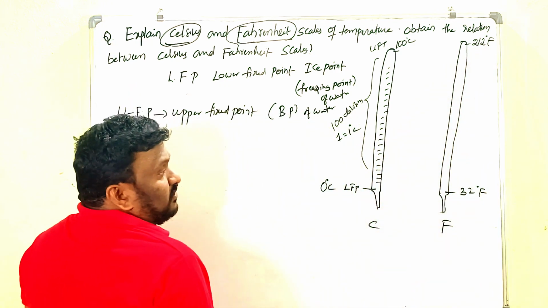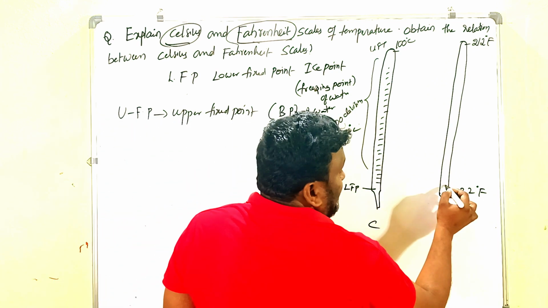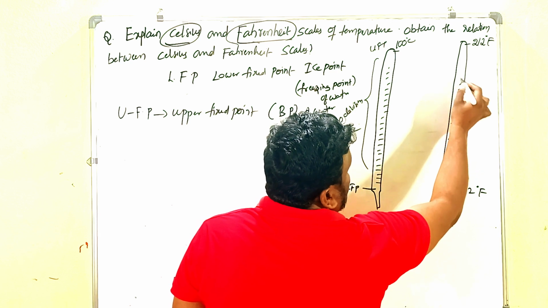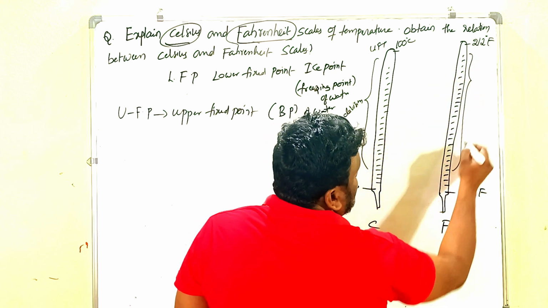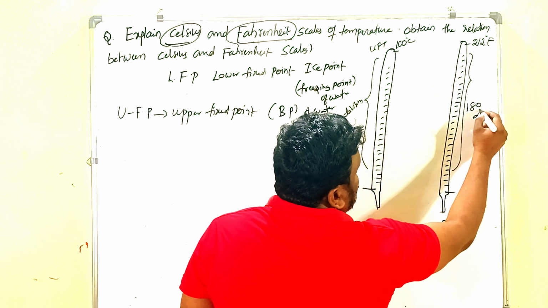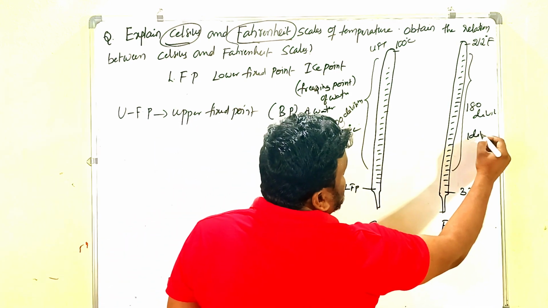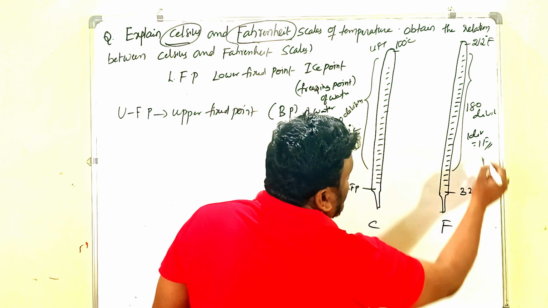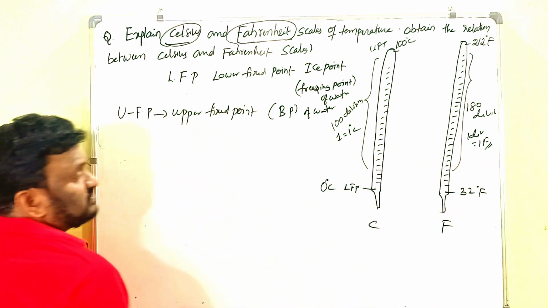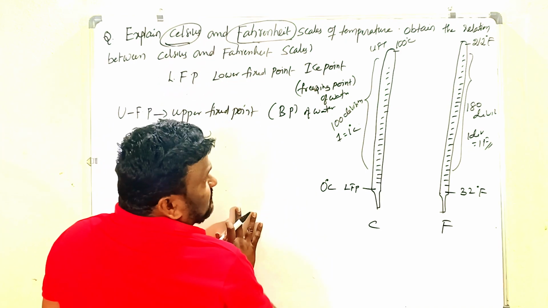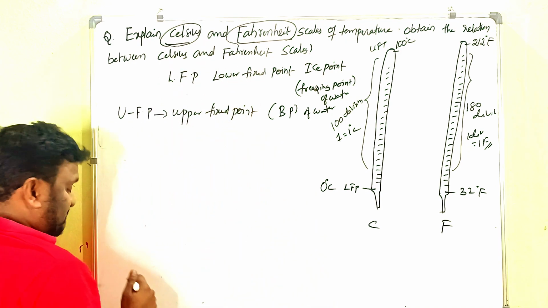The remaining length is divided into 180 equal divisions, and 1 division is equal to 1 degree Fahrenheit. So this is about the Celsius and Fahrenheit scales.